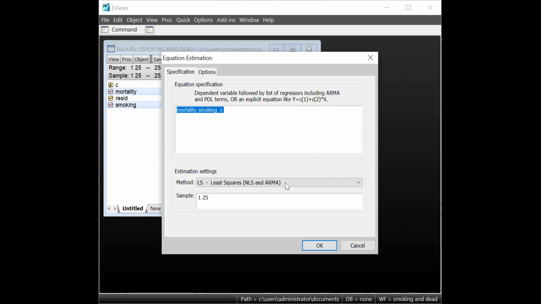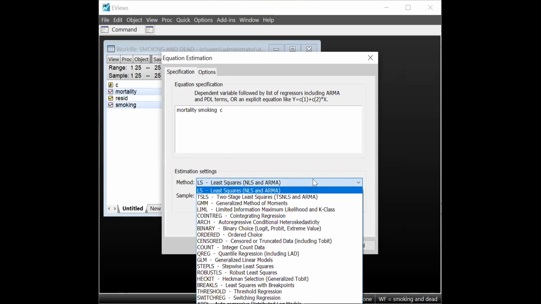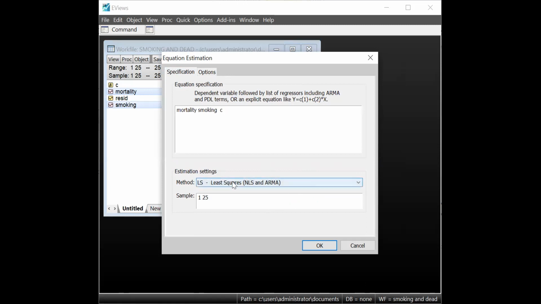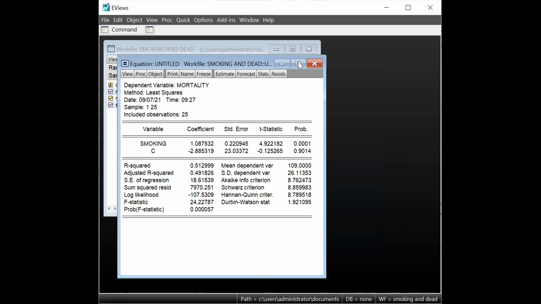We have an estimated equation now. Mortality is the dependent variable. Smoking is the independent variable. We have C here. C is the constant intercept for our equation. Because we estimate this with OLS, ordinary least squares, we choose the estimation method LS. Then click OK.